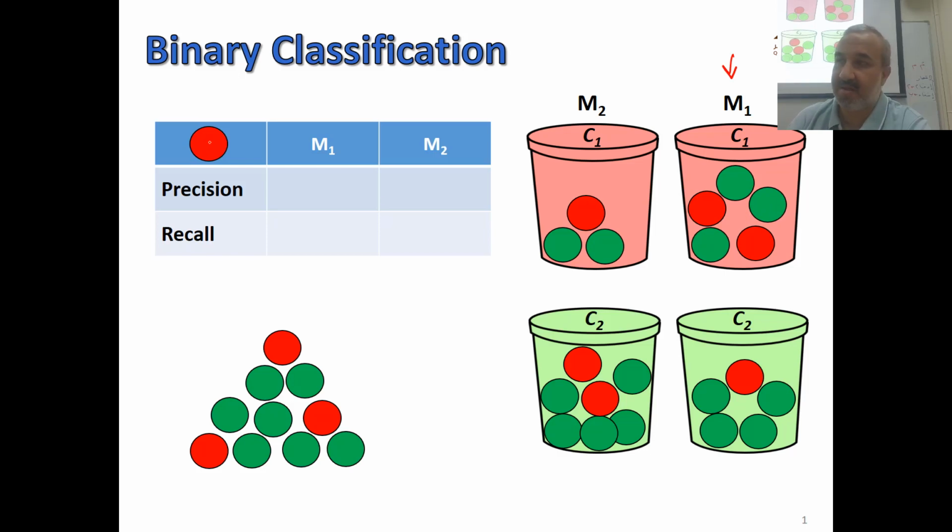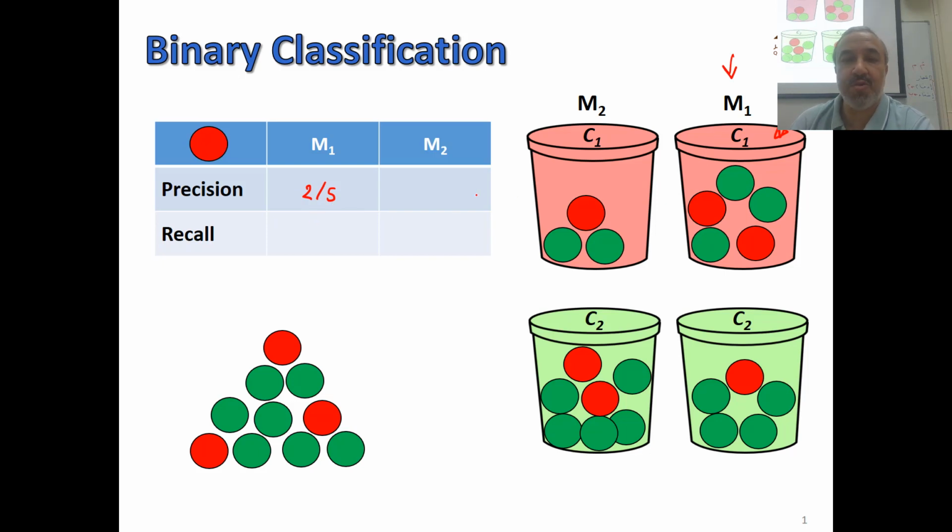The positive here is the red class. So how many are predicted as positive for M1? 5. All of the balls in this bin are predicted as positive. Don't be confused. Okay? So all of that bin is predicted as positive, so we should divide by 5 here. How many of them are actually positive? 2.